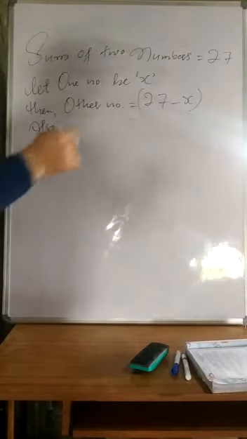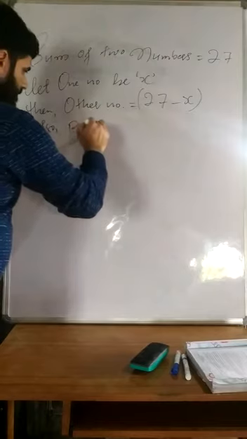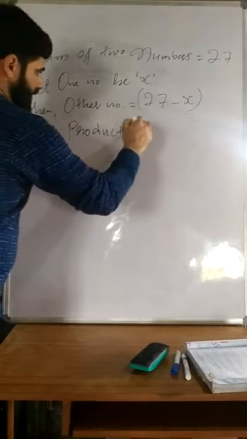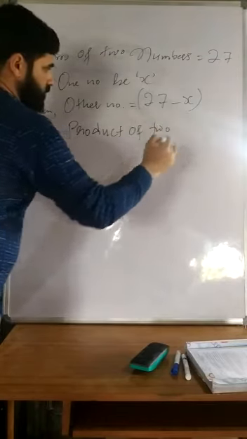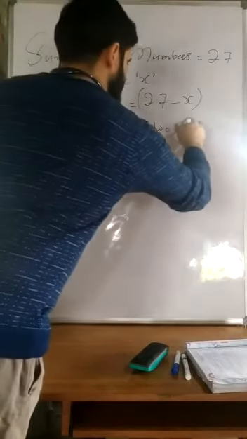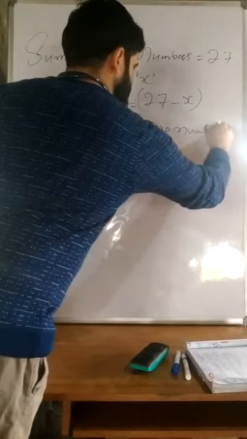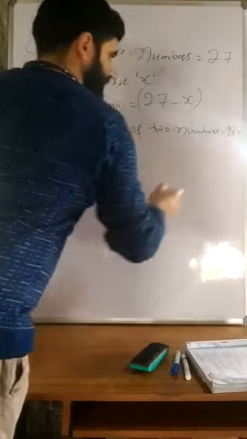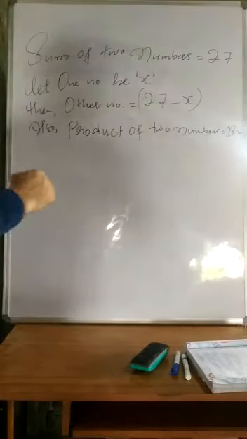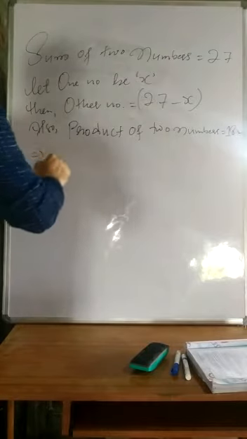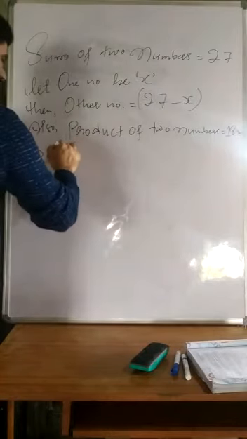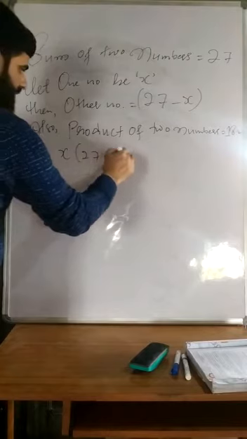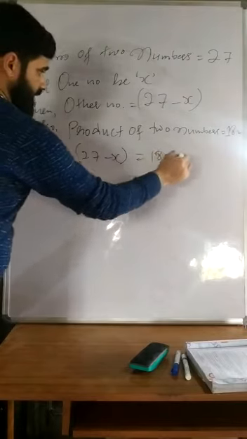Also, the product of two numbers, these two numbers, is equal to 182. Here you can multiply these two numbers: x with 27 minus x is equal to 182.